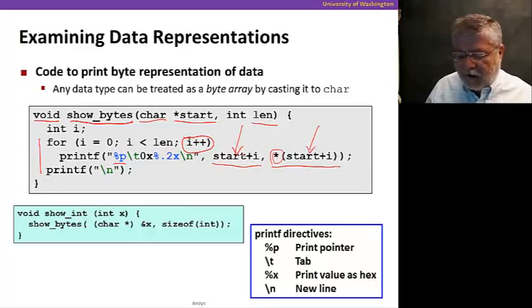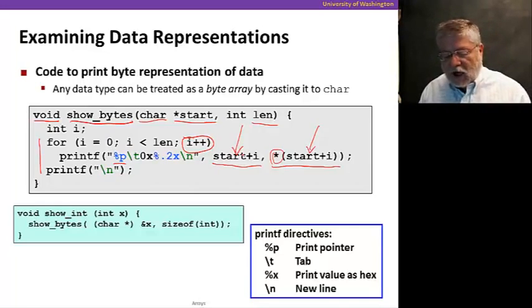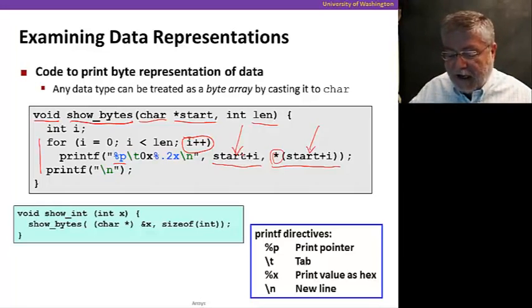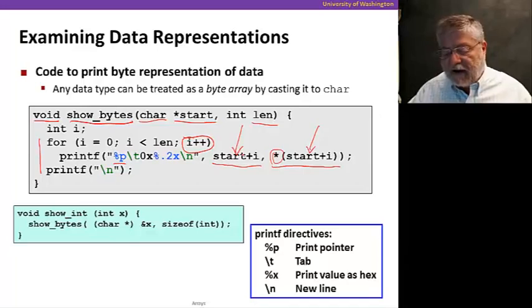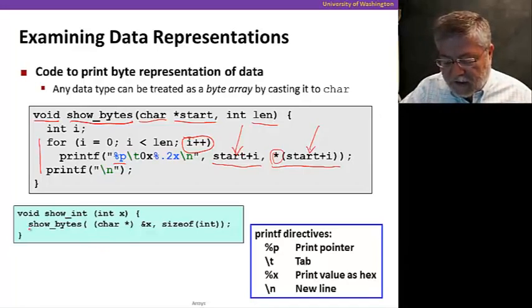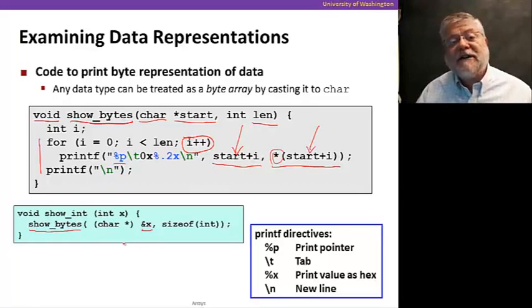Okay, so that's a pretty nice little function, and we can call it with anything, actually, even integers, not just characters, because when we call it here, showing an example of another function that's going to show integers, we can call showBytes by casting the address of the integer as a character address.